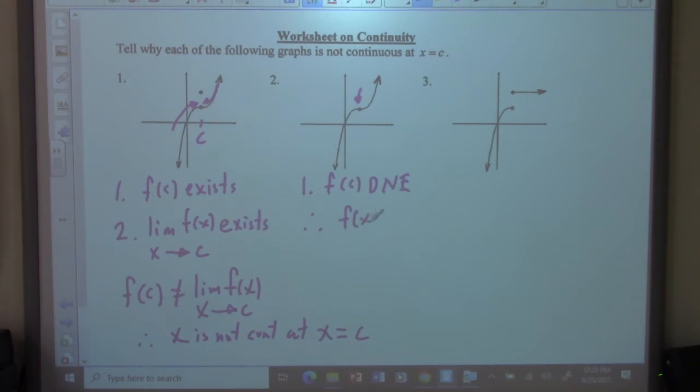f of x is not continuous at x is equal to c. I kind of miswrote this here too. I want to put f of x is not continuous over here. So f of x is not continuous at x equals c.